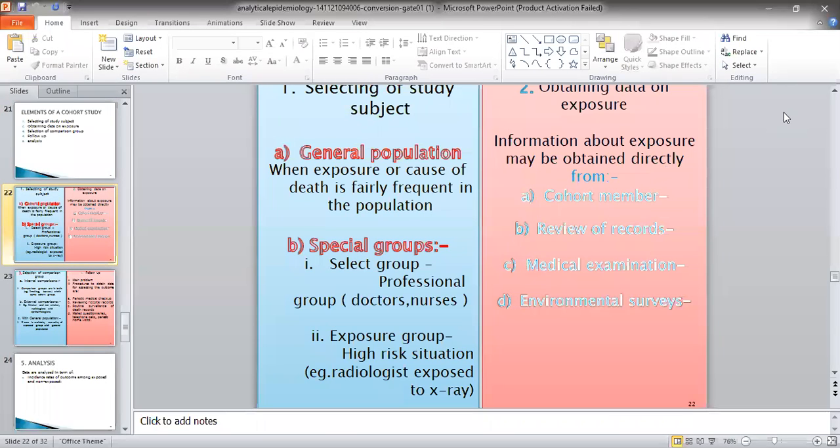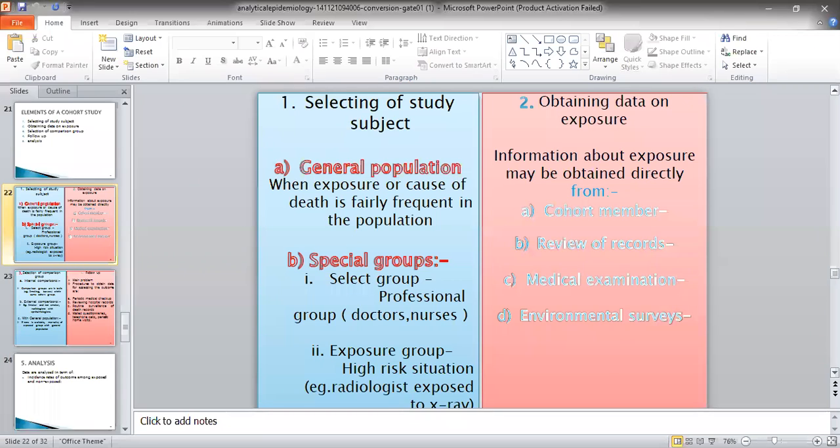So first is the selection of the study population, selection of study subjects. As I told you, in a case control study, we can select the study subjects either from the general population or from any special group that will be related to age, to any profession like doctors, nurses, or to a high risk group, for example, radiologists exposed to X-ray.